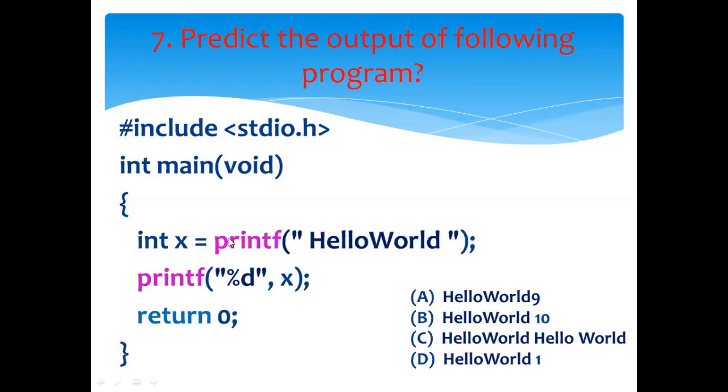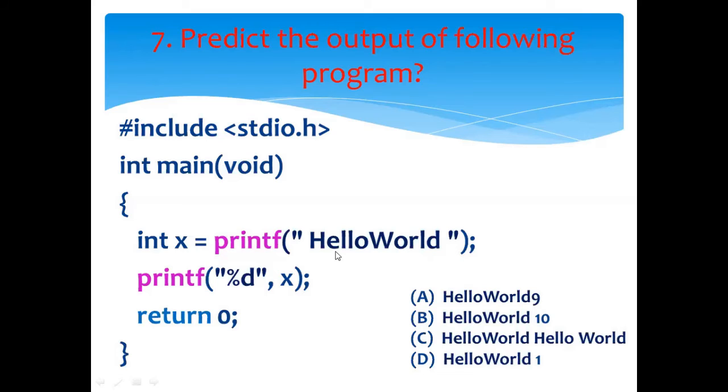So the first printf prints hello world, and the value returned by printf, that is 10, will be stored in x. When you print the x value using another printf, it prints 10. So the output will be hello world followed by 10.